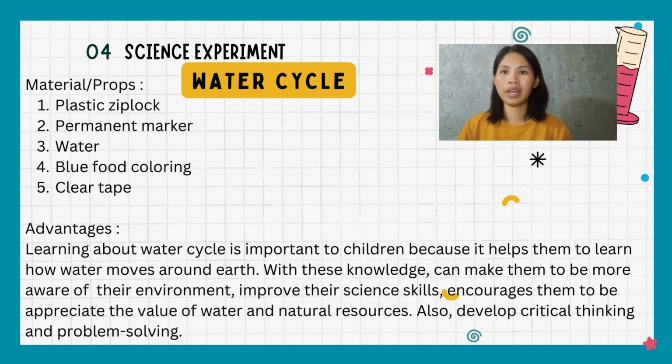And I will explain about the advantages of learning about the water cycle to children. Learning about the water cycle is important to children because it can help them learn about how water moves around the earth, and they can also be more aware of their surroundings, improve their science skills, and be more appreciative toward water and other natural resources.